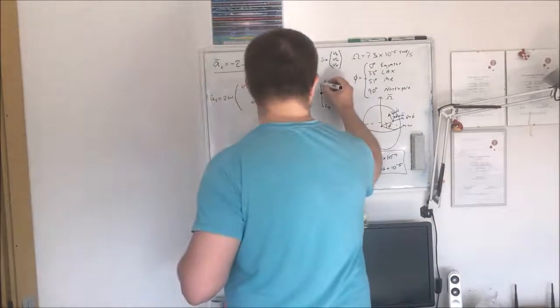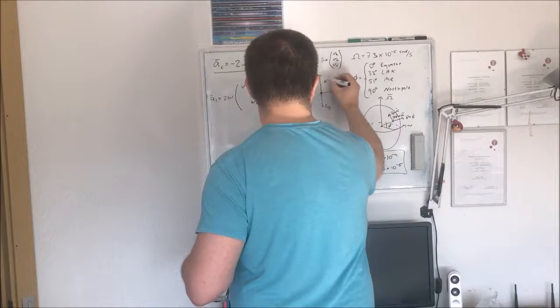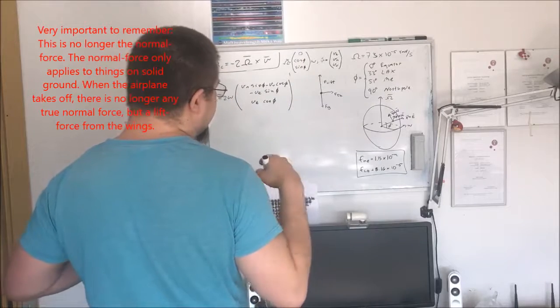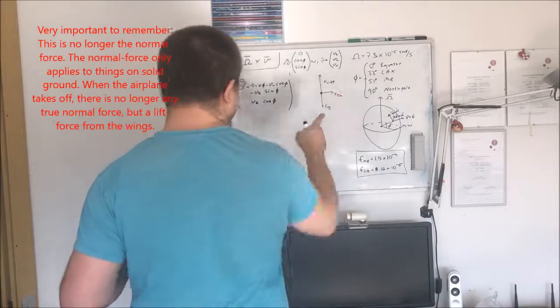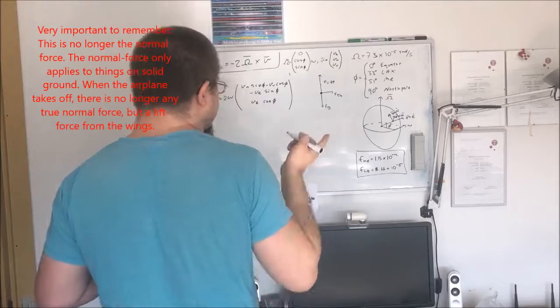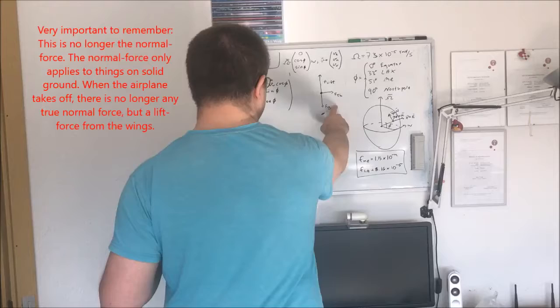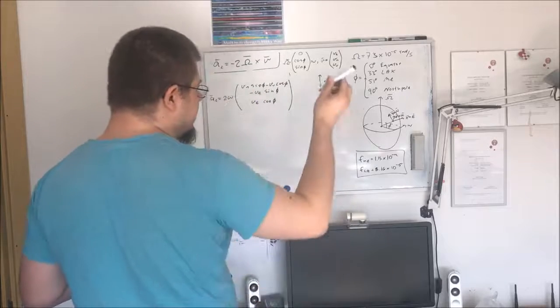So we call this force here lift. So as the airplane accelerates, because we have the thrust, it generates lift. And when the lift, as you can see here, is bigger than the force of gravity, the airplane will take off.